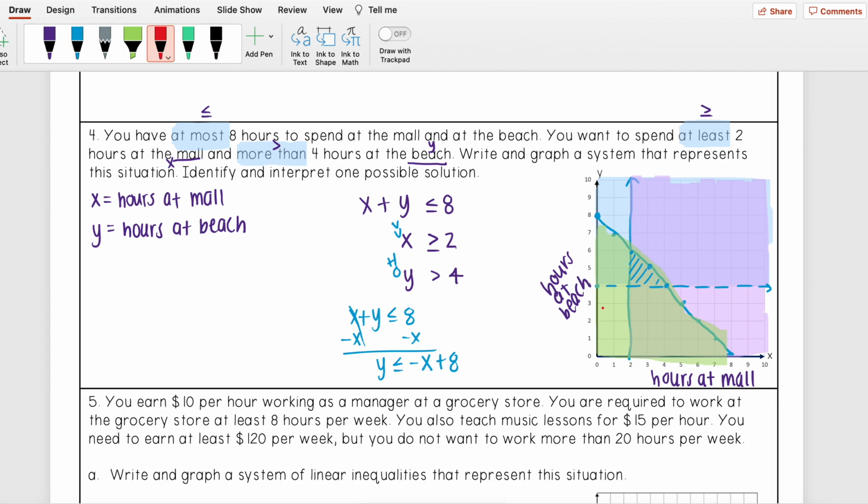And now for that last sentence, it says to identify and interpret one possible solution. And so you can have anything in this triangle. I'm going to go ahead and choose this point. It's on a solid line, so I know that's still a solution. And so that's going to be the point 3, 5.